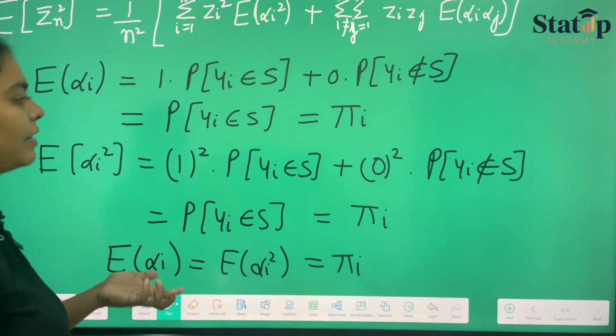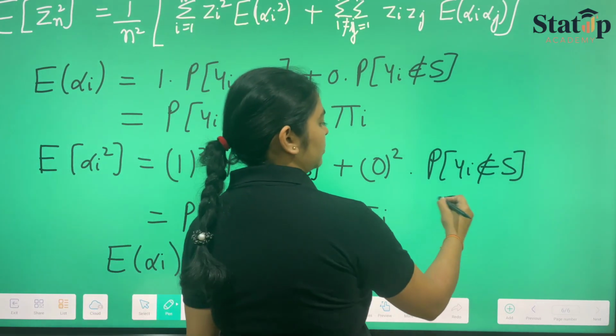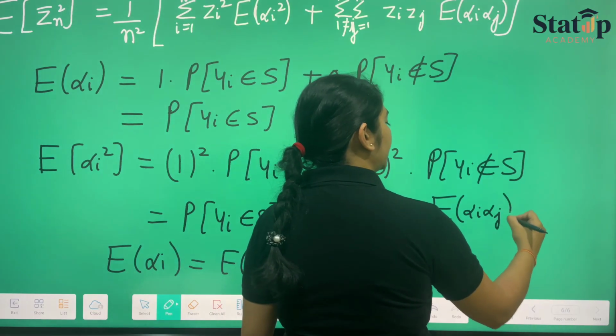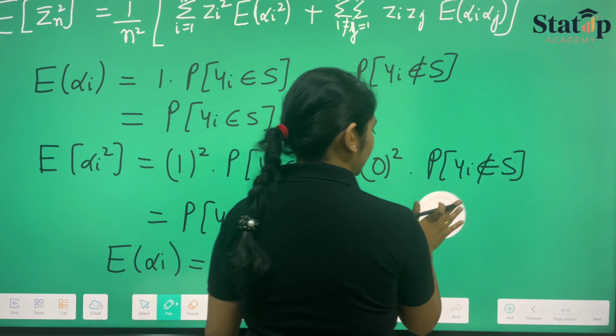So replacing the value in the above, the expectation of alpha i alpha j will be nothing but pi. Okay, we'll do this on the next page.